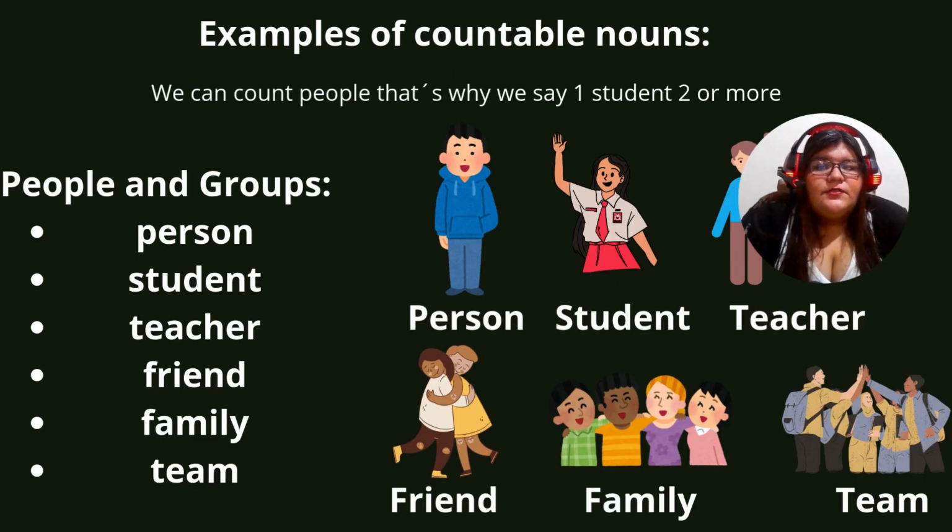So, do you remember that countable nouns also can be people, right? For example, we can count people. That's why we say one student or more. For example, here one person, one student, a teacher, one teacher, two friends, the family of four, the team, or for example, when you are in your classroom, right?